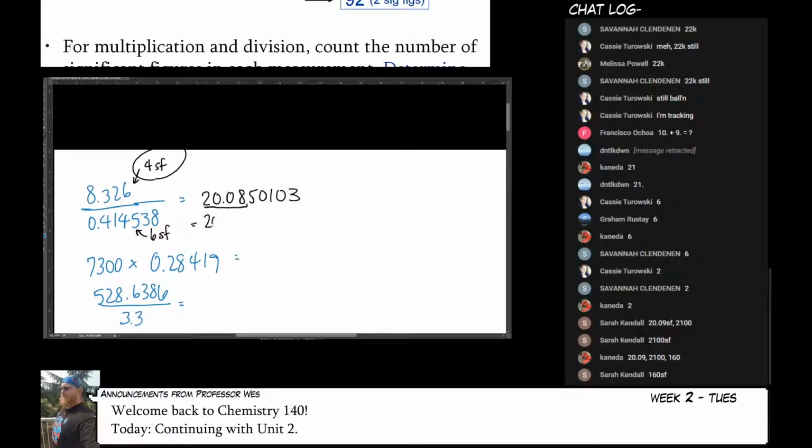So I would report 20.09 as my answer. If you report 20.08 because you're doing banker's rounding and you're rounding to even, that's fine. Generally speaking, on Canvas, when you punch in a number, I allow you to be off by 1 in the last digit. If you're off by more than that, then you've made a mistake.